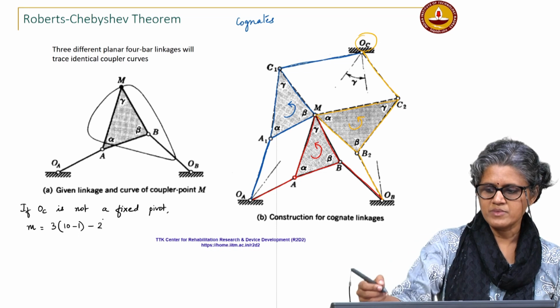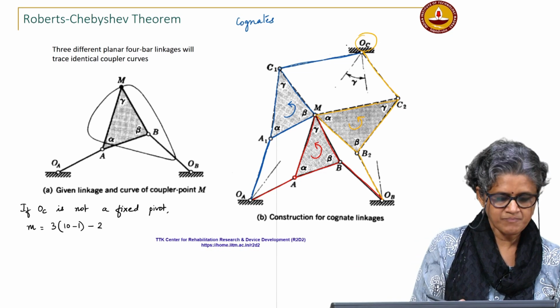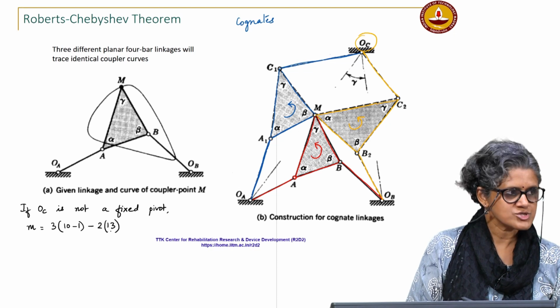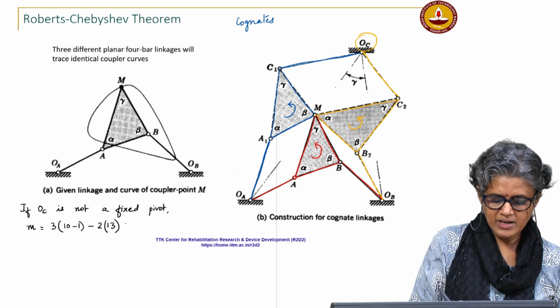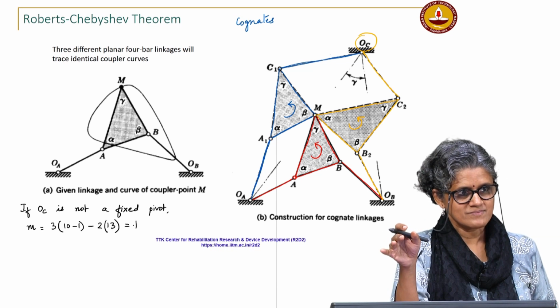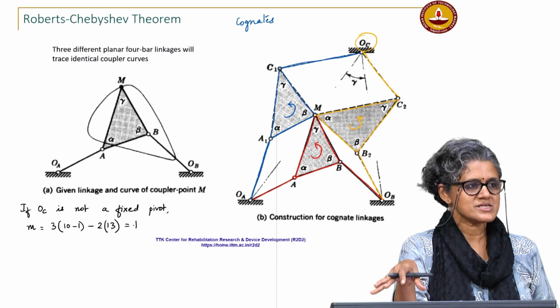One joint, the one between the fixed link and the. So, I will get 13 J1s and I end up with a mobility of 1. So, if I do not fix OC, I know that this linkage can move.